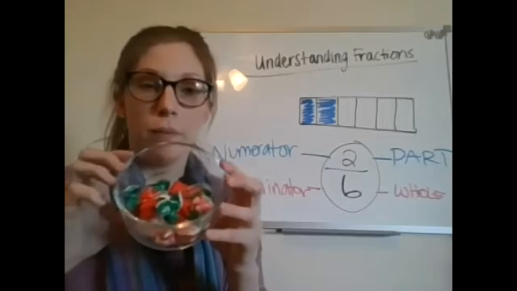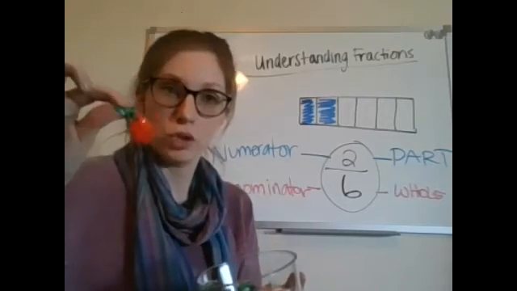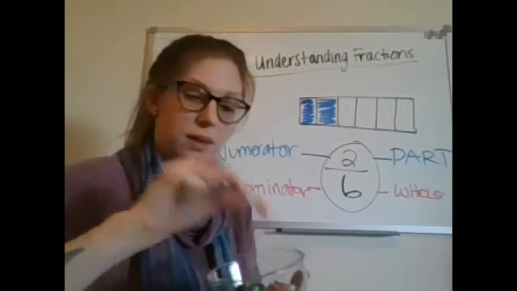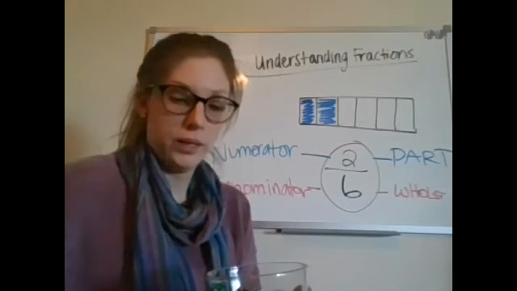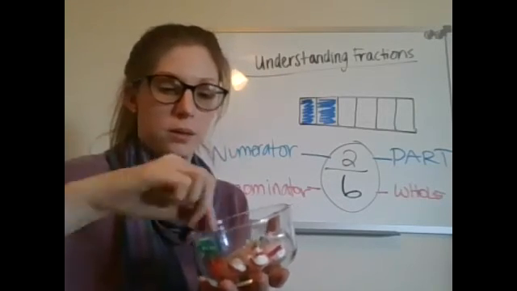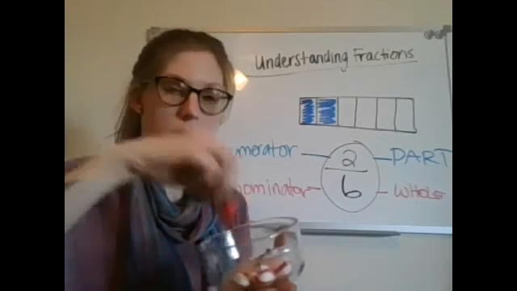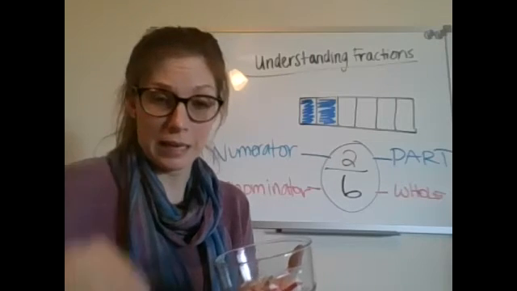So I have a bowl with some hard candy in it here. So I have some strawberry candies. I have some sweet striped mints. I have 1, 2, 3, 4, 5, 6 strawberry pieces of candy.